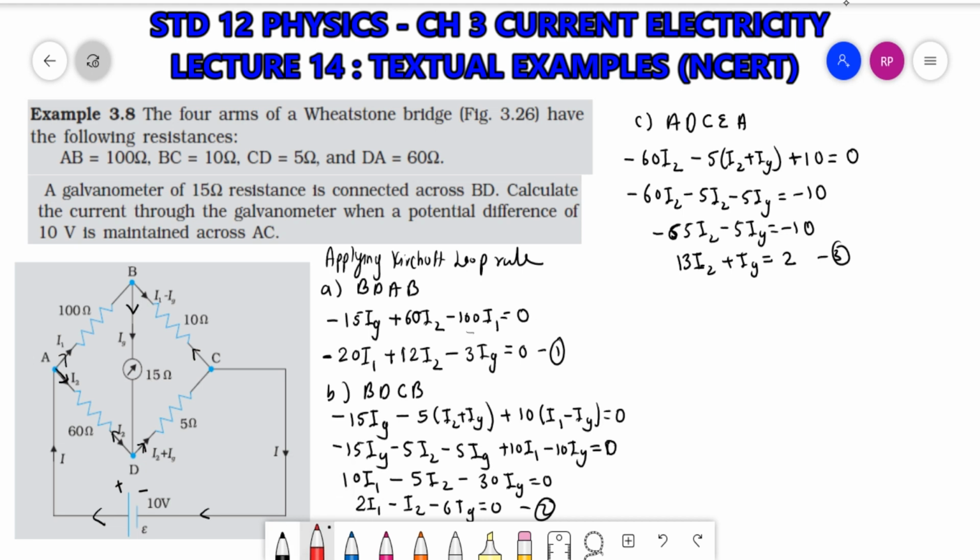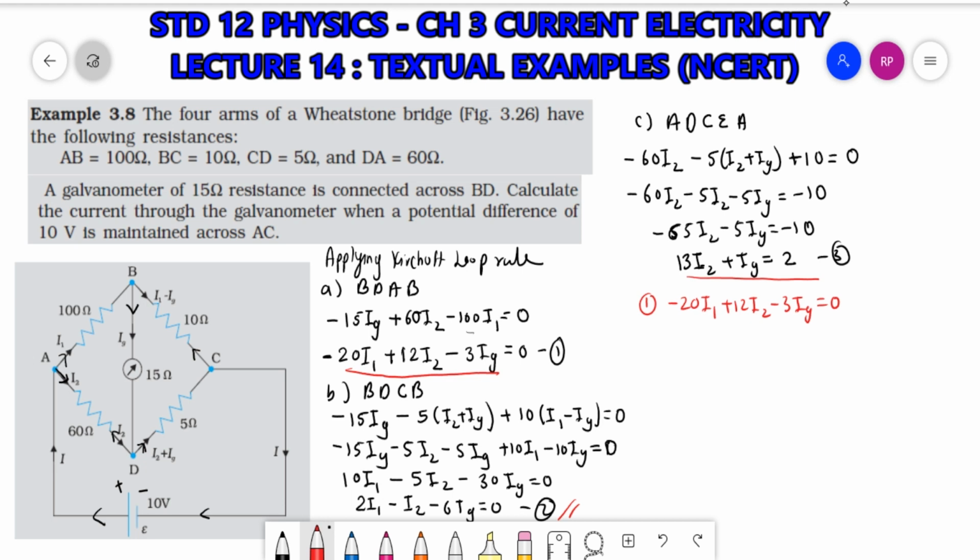Now we have three equations: equation 1, equation 2, and equation 3. So writing down equation 1, that is minus 20 I1 plus 12 I2 minus 3 IG equal to 0.